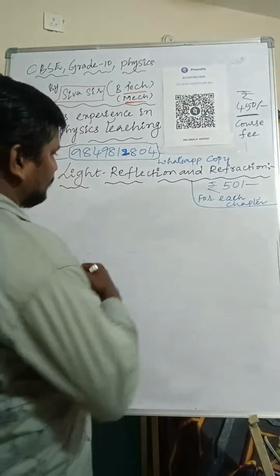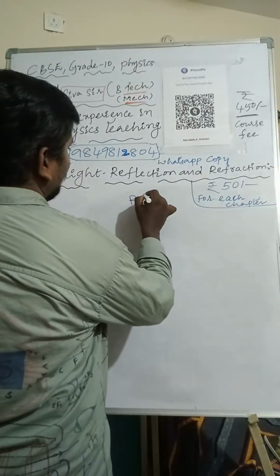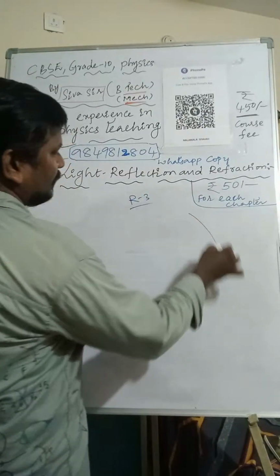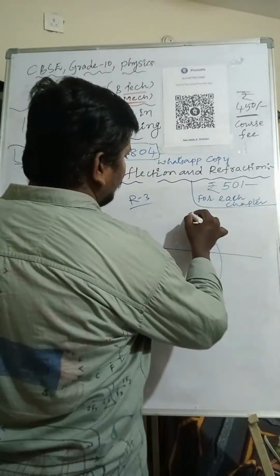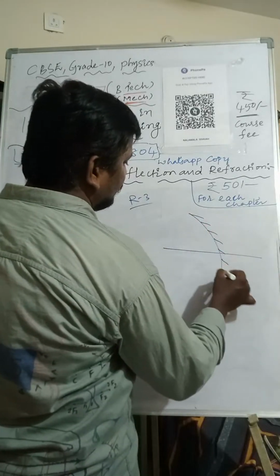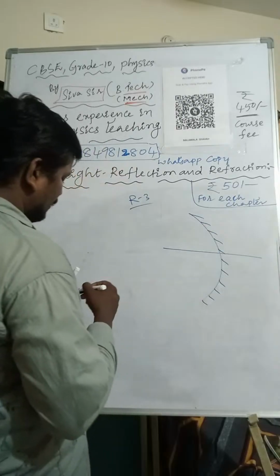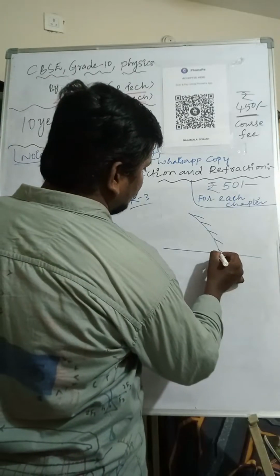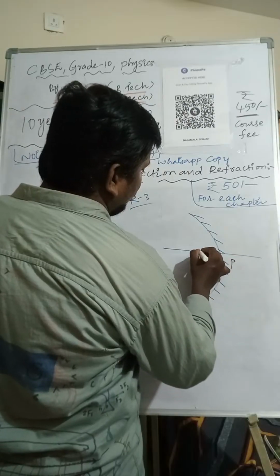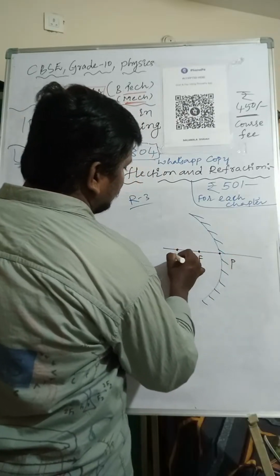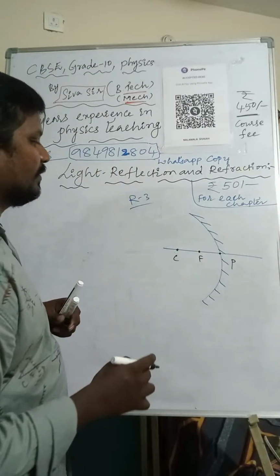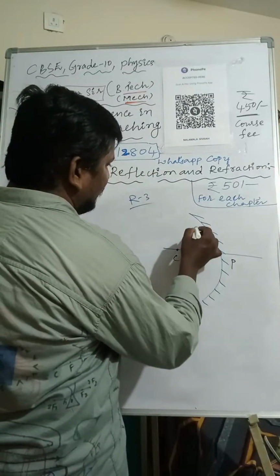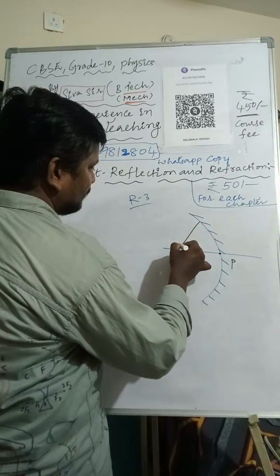Ray rule 3. Here is the pole. Focus. Center of curvature.